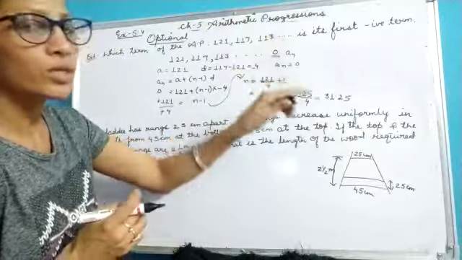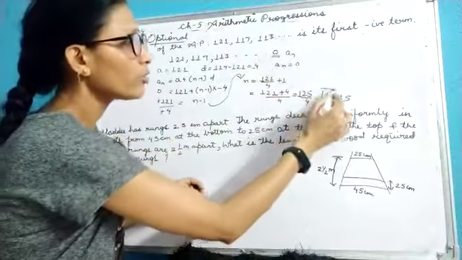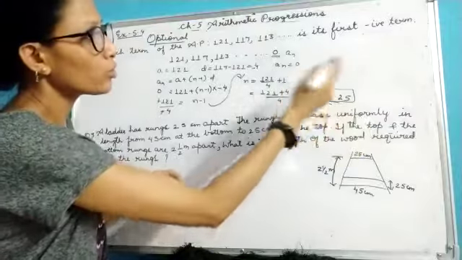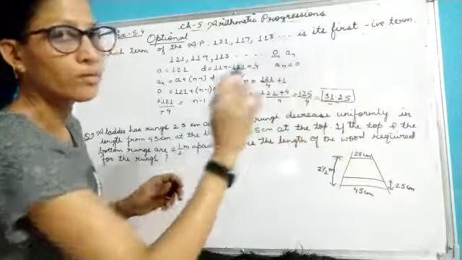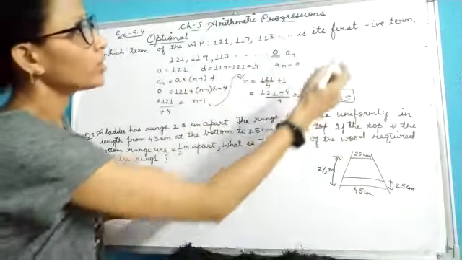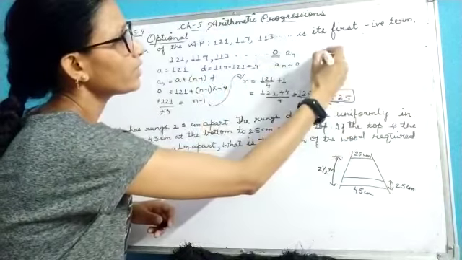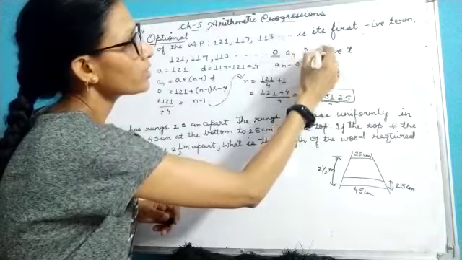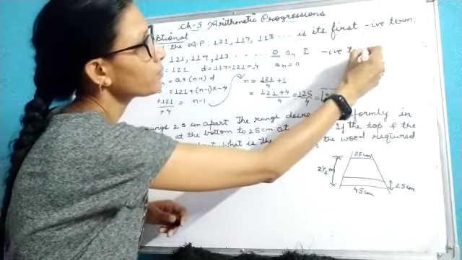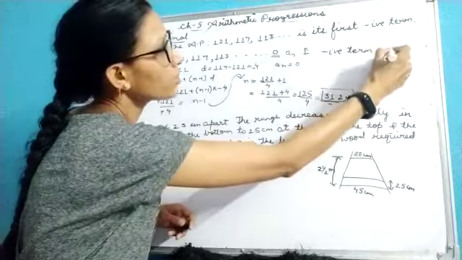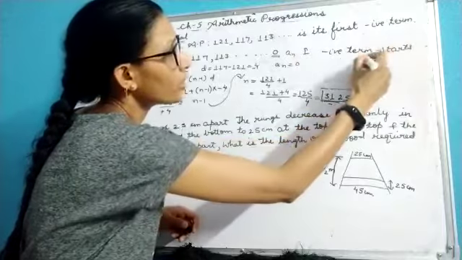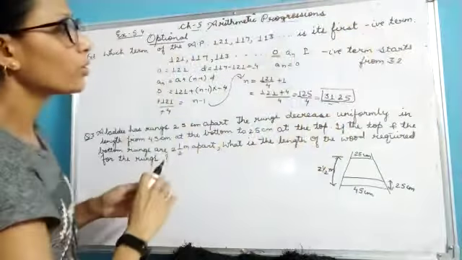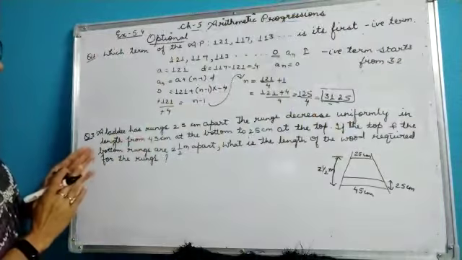That means 0 will not exist. But if 0 exists, then it would be the term 31.25. So your negative terms will start from the 32nd term. So I can say the first negative term starts from 32.